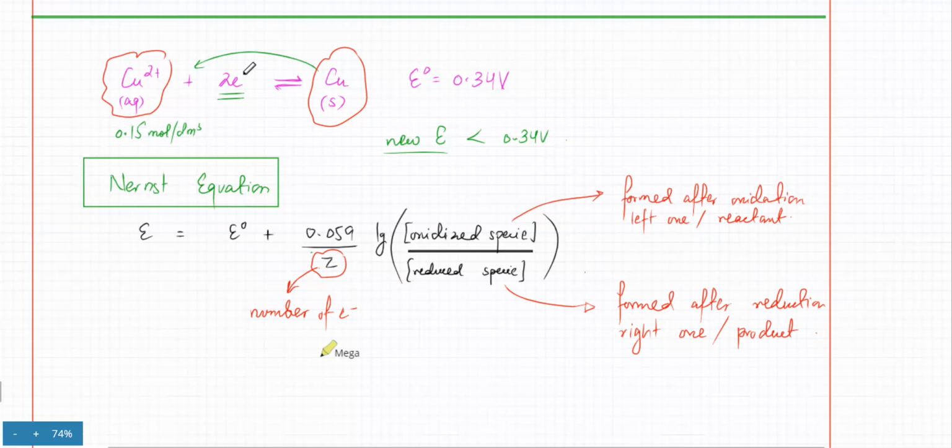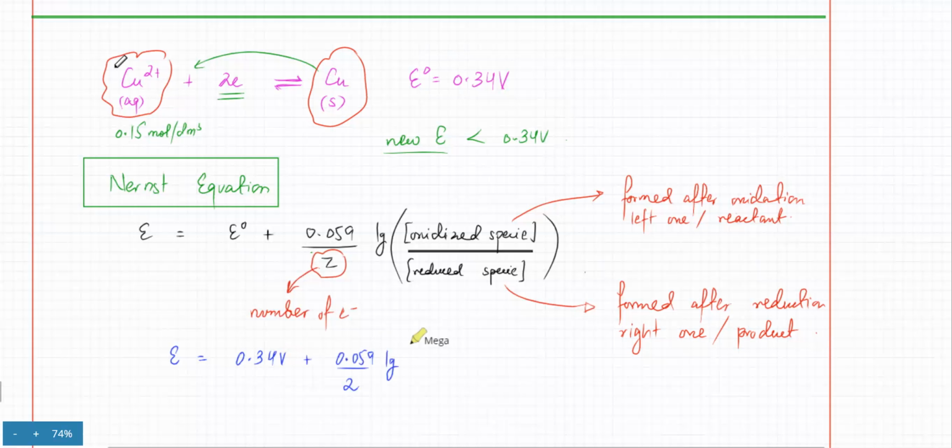So I'm going to write the Nernst equation and figure out this new potential E, which is going to be E naught, the old potential, which is 0.34 volts, plus 0.059 divided by Z, the number of electrons, which is 2, times log of the oxidized species.